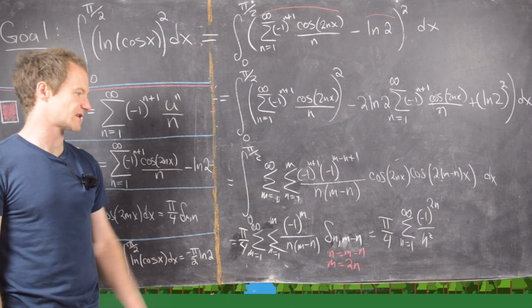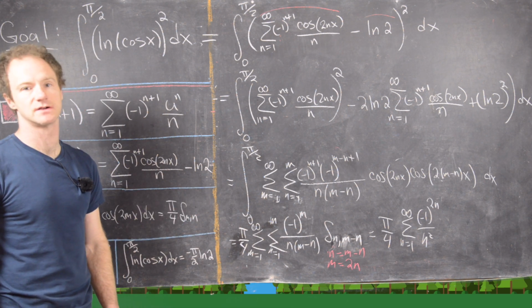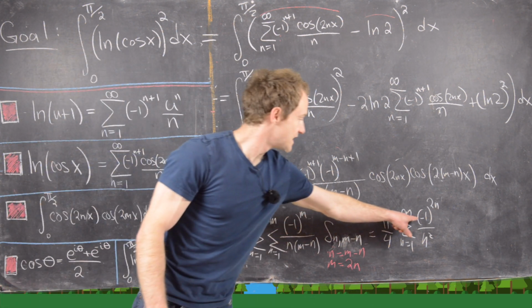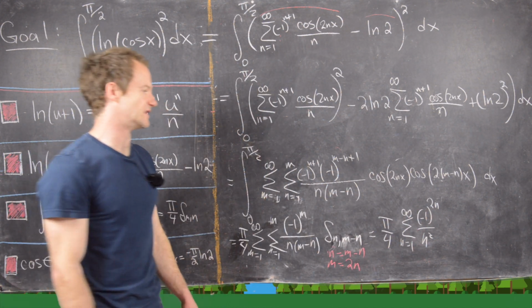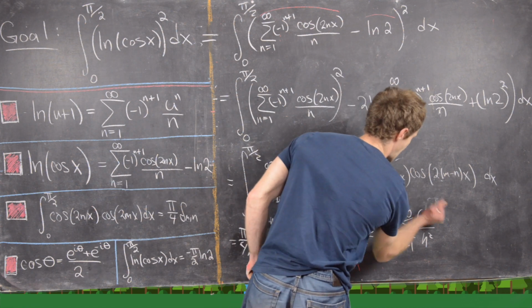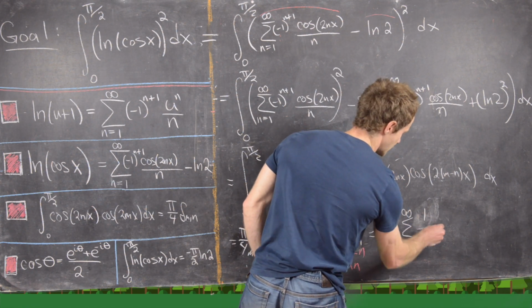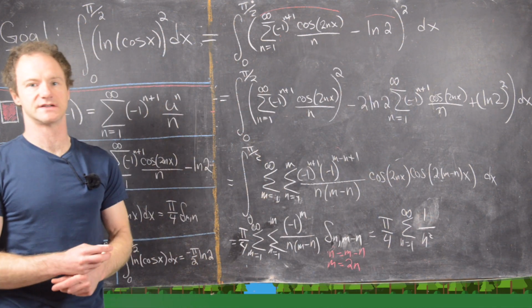Okay, so this double sum collapses to this nice single sum. But notice that minus 1 to the 2n is always going to be positive because that's minus 1 to an even power. So I can erase that, replace it with just 1 over n squared.